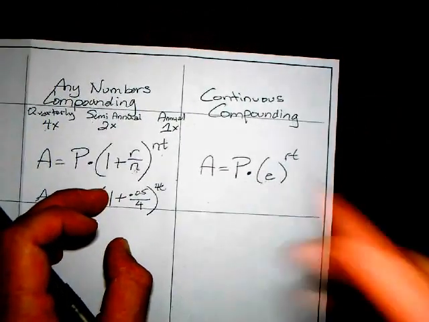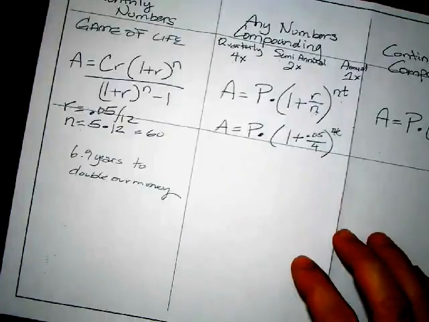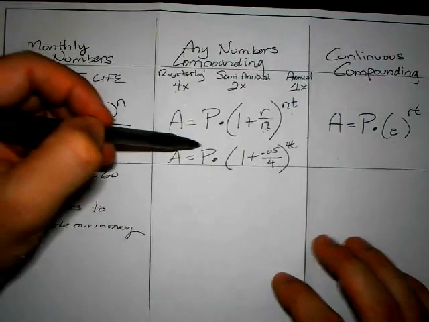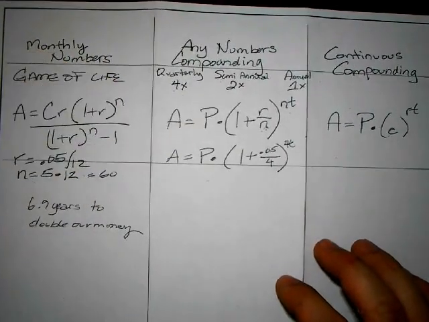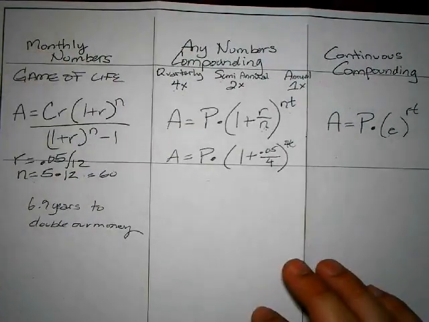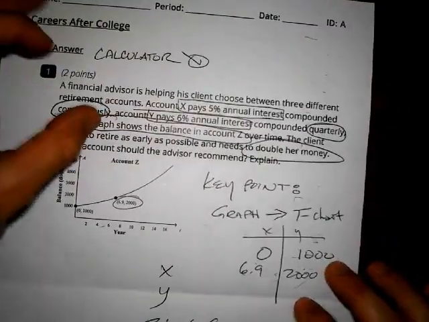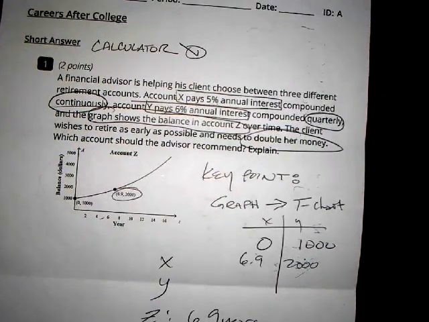Okay. For now, let's just get the numbers in like we did over here, right? Let's actually just substitute in. Tell me, what would this P equal? What does it stand for in the first place? What do you think, Chris? What does P stand for?